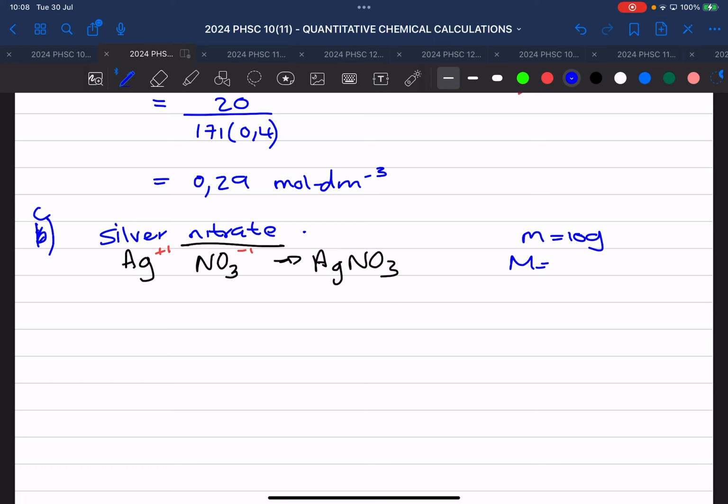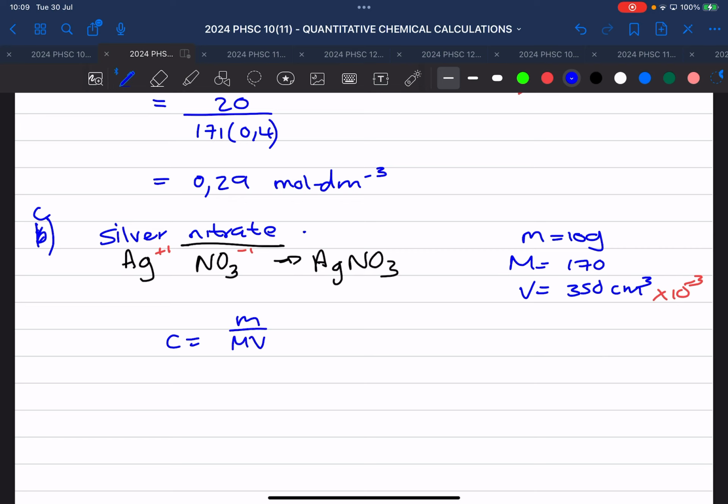108. What is it? 170, and they say the volume is 350 cubic centimeters. We don't work in cubic centimeters, we work in decimeters. So concentration, mass over molar mass times the volume.